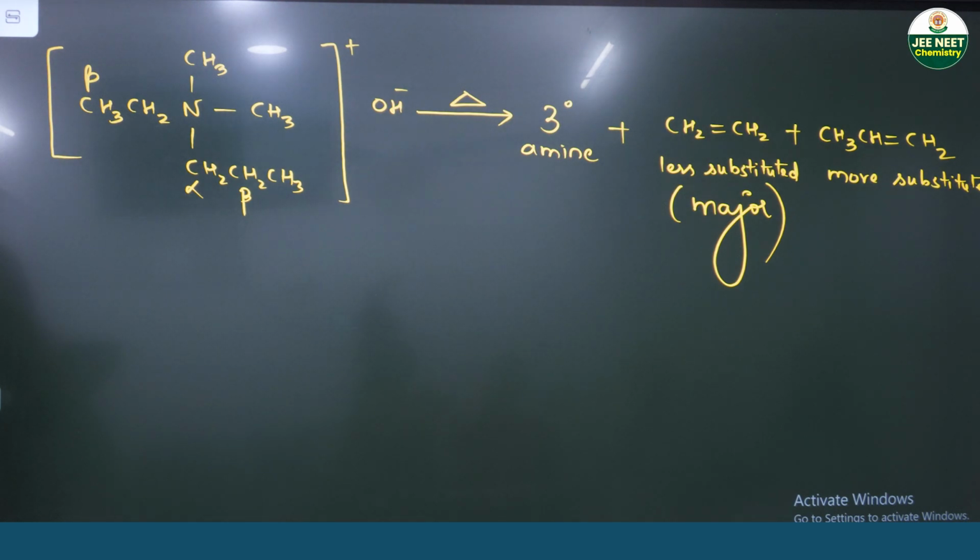In the next class, we'll continue with this. We'll start with the chemical properties of amines, where we discuss the very important characteristic, that is basicity of amines, and we will also discuss the aromatic amines. There is one important reaction, the carbylamine reaction.